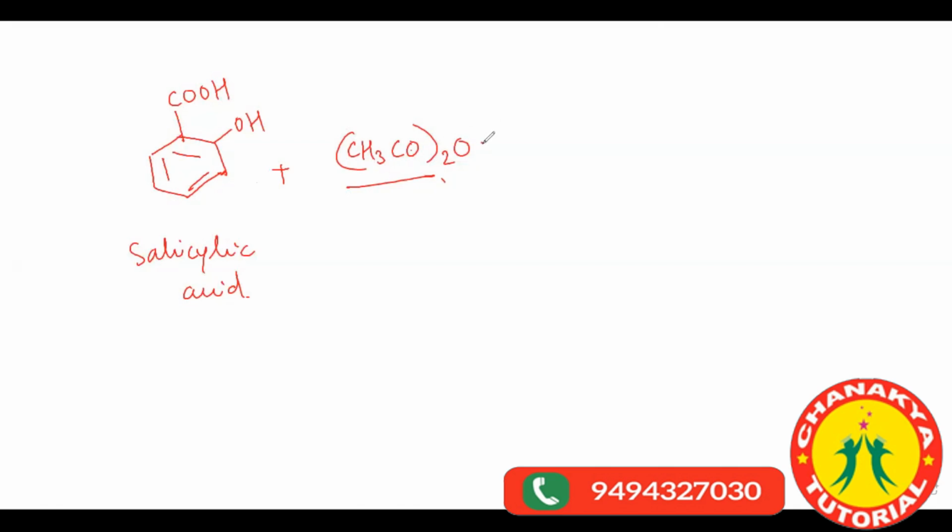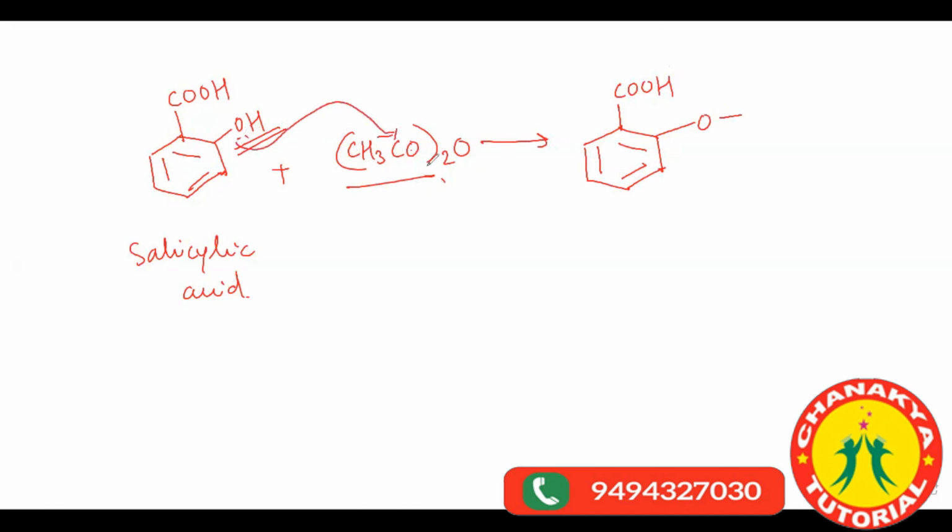Okay. Fine. Now what will you get here? This is your salicylic acid. The benzene ring first of all. The carboxylic acid will not be affected at all, as esterification happens at this OH group. So O would remain as it is. It will get connected with what?